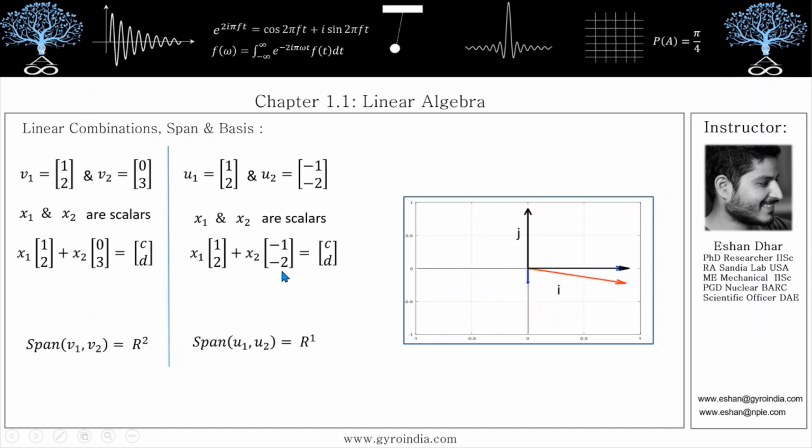That is, they lie over each other, and for any linear combination, the new vector will lie on the same line, which follows the direction represented by these two vectors. We can also observe that the determinant of this matrix is 0.